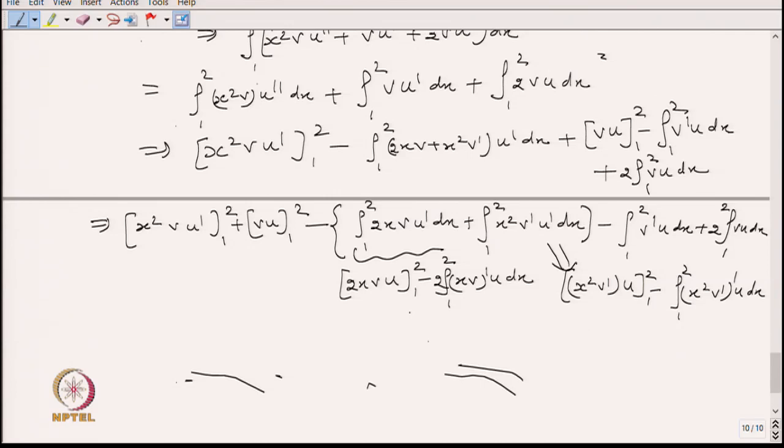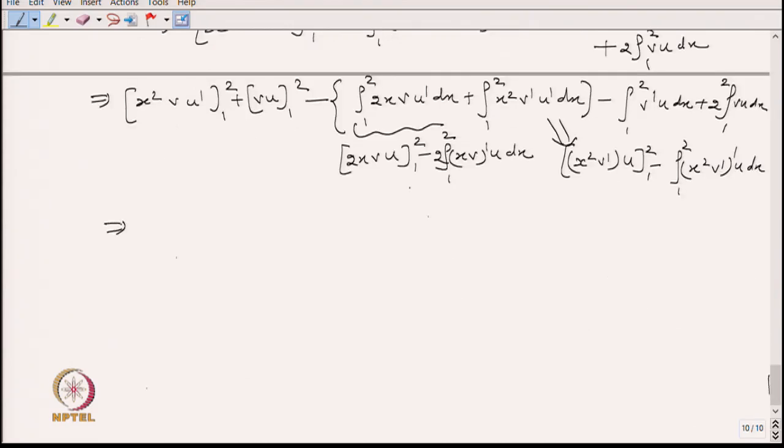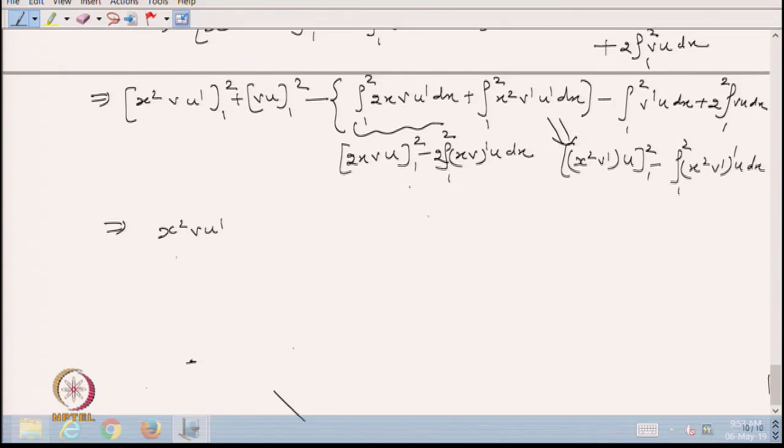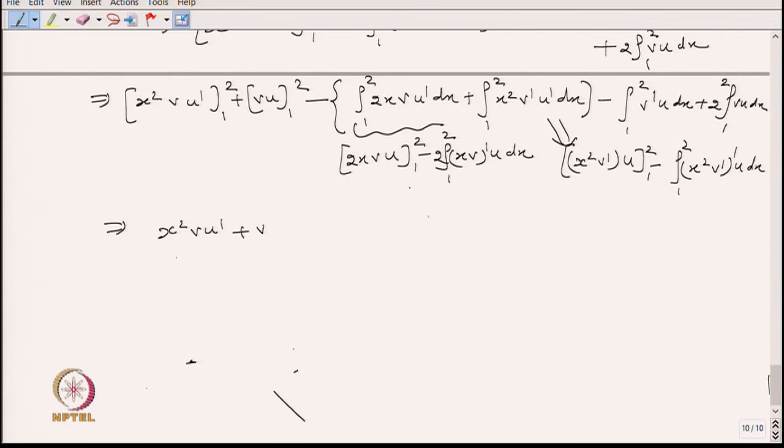So, if we go further, if I solve it further, then this quantity x square v u dash plus v u from here, minus 2x v u, from here it is coming, and from here it is coming minus x square v dash u.